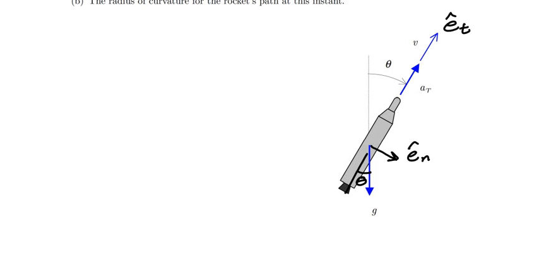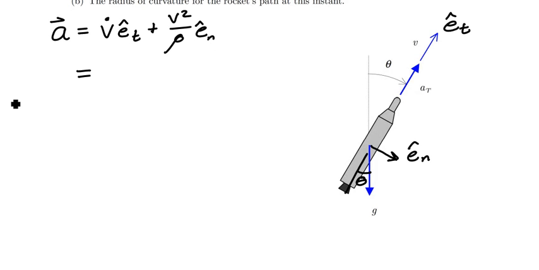In particular, I'm going to note that in path coordinates, the acceleration vector is given by v dot in the e sub t direction, plus v squared, the speed squared, divided by the radius of curvature, in the e sub n direction. Then I'm going to note that this acceleration vector has to be the net result of what we get from the a sub t component plus the net result of what we get from gravity.